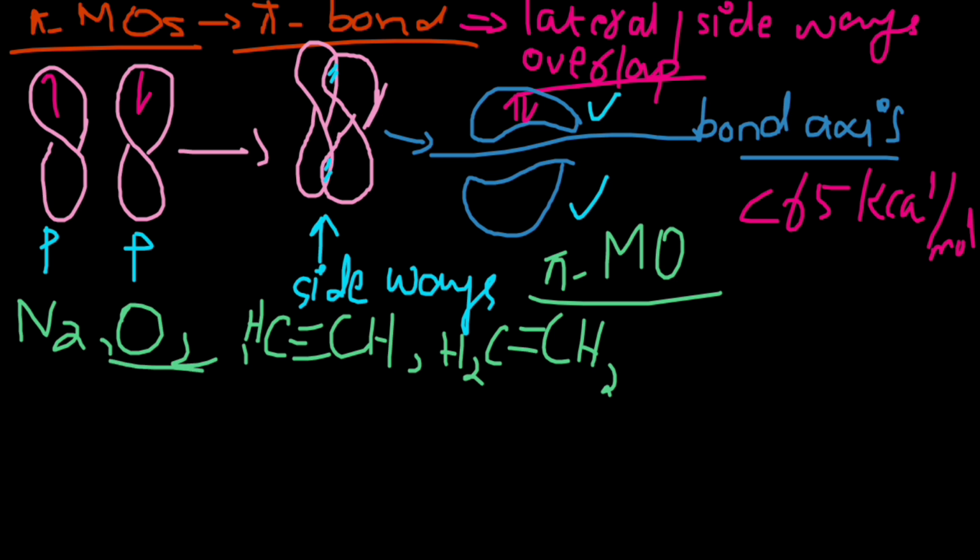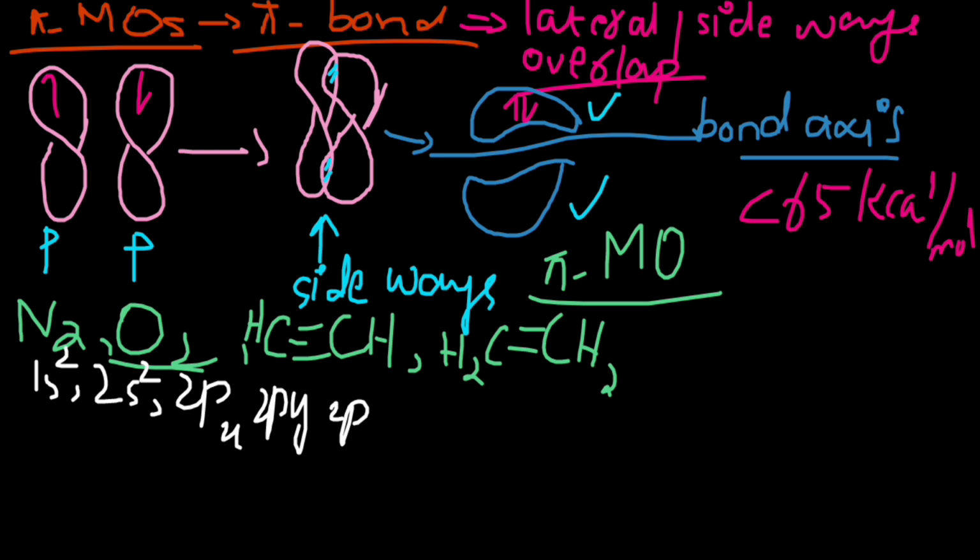The electronic configuration of oxygen is 1s2, 2s2, 2px, 2py, and 2pz. You see that py and pz are half filled.